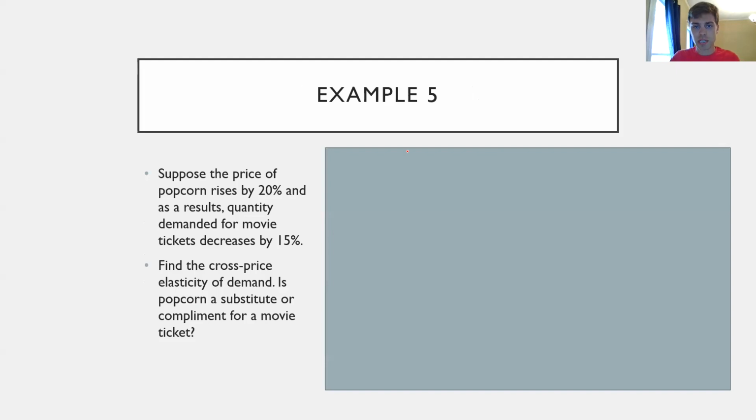Okay, so let's just do an example. Again, cross-price elasticity is the elasticity of demand for good I relative to good J, equal to the percent change in quantity demanded for good I over the percent change in price of good J. Those two pieces of information are going to be given to us in the question.